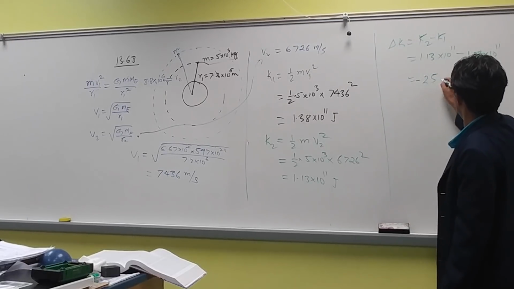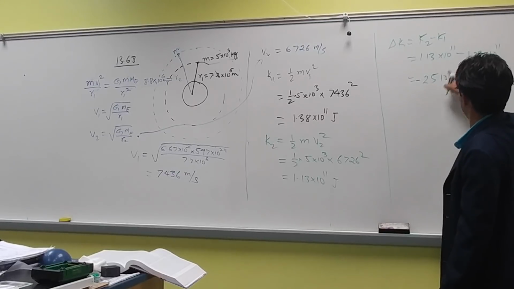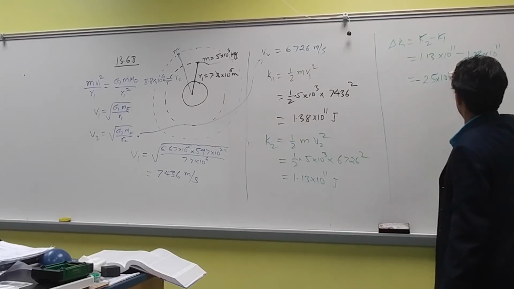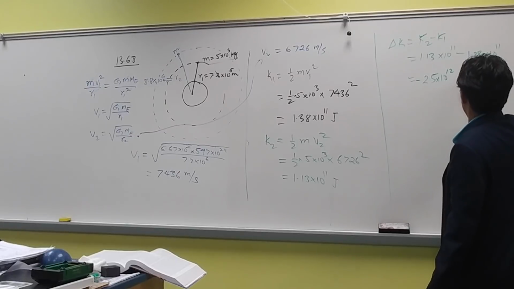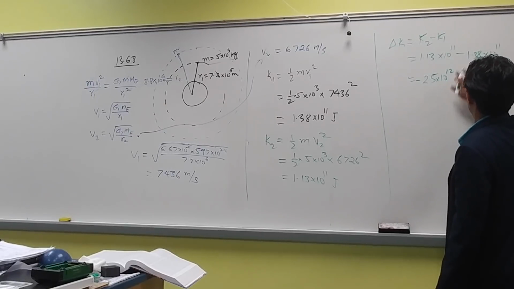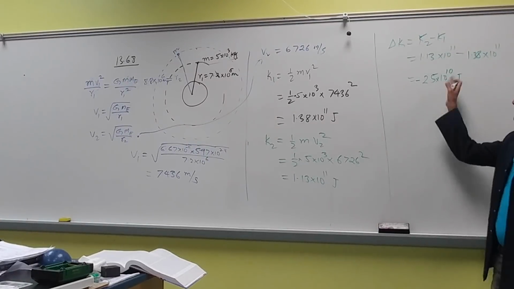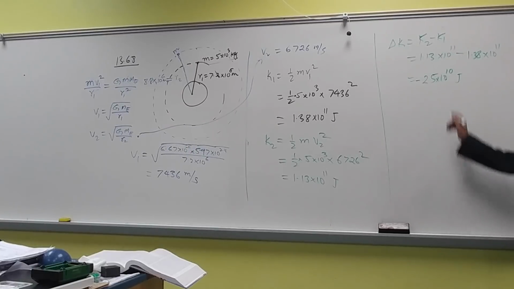That is 0.25 times 10 to the 11, and moving the decimal one place to the right, it will be 2.5 times 10 to the 10 joule.